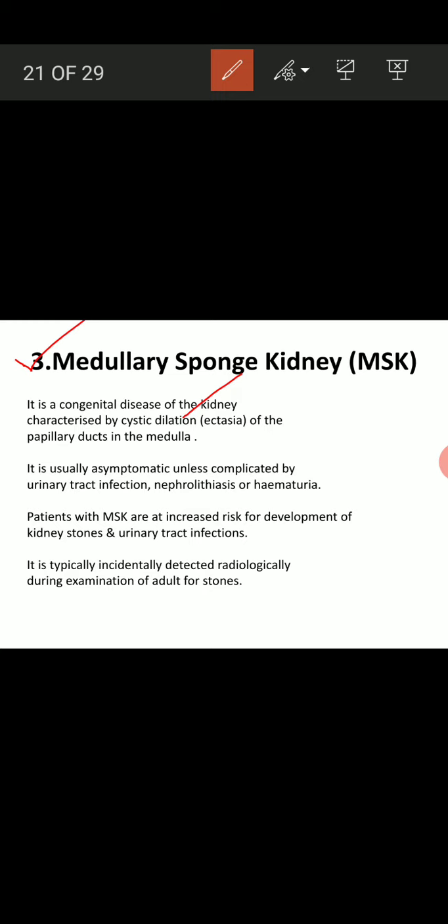Patients with medullary sponge kidney are at increased risk for development of kidney stones and urinary tract infections. It is typically an incidental finding which is detected radiologically during examination of adults for stones.